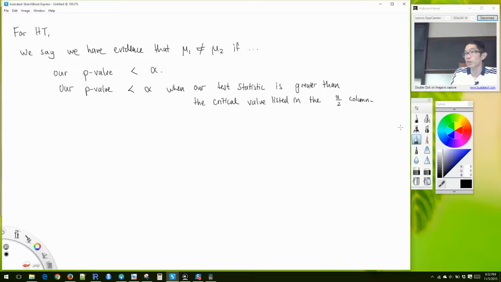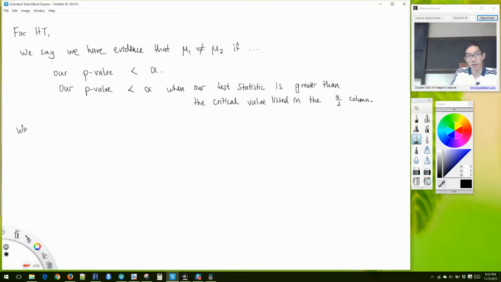So if alpha is 5%, if we go to the 2.5% column and our test statistic is greater than that, then the amount in the tail is going to be less than 2.5%, which means our p-value is going to be less than 5% when we combine both tails. And the flip side is also true.